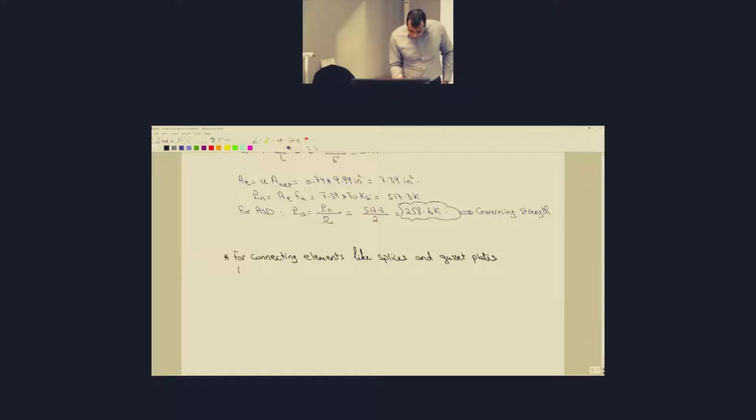So this is not the member itself. We're not talking about the member that is holding the tensile force. We're talking about the connection plate, either a splice plate or a gusset plate.